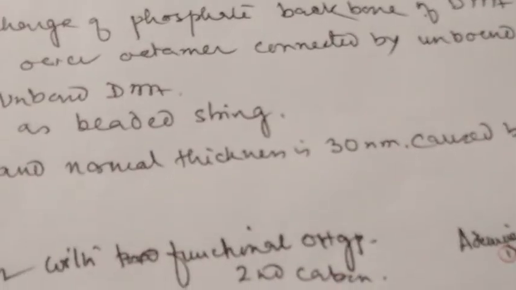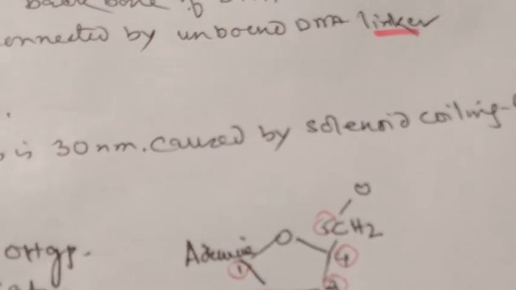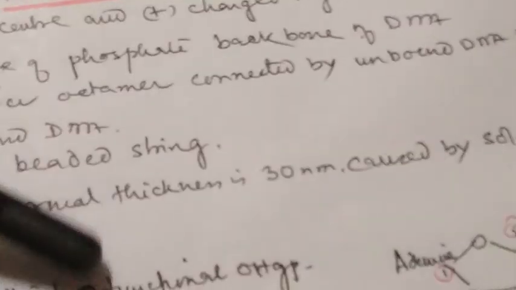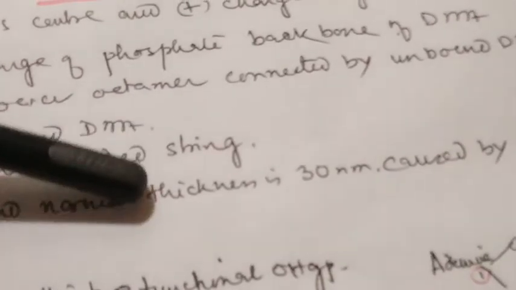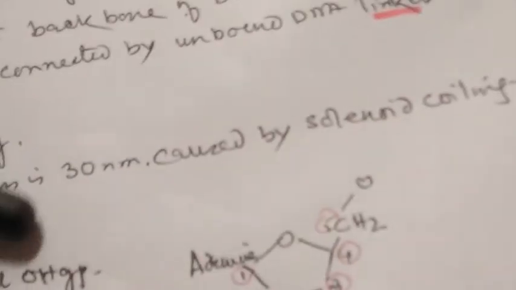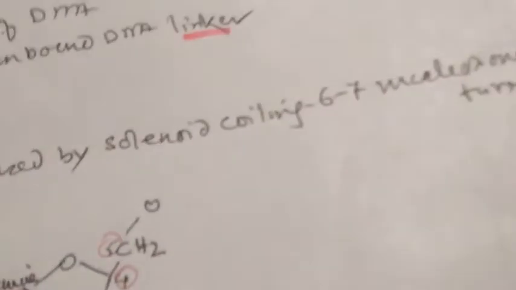So the unfolded part has a diameter of 10 nm and the folded part has a diameter of 30 nm.